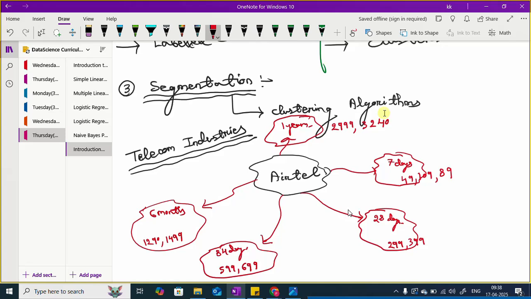Let's say I am to give a bonus voucher, some facility, to the customers who are doing a one-time recharge in 1 year, let's say going for 2,000 to 2,999.